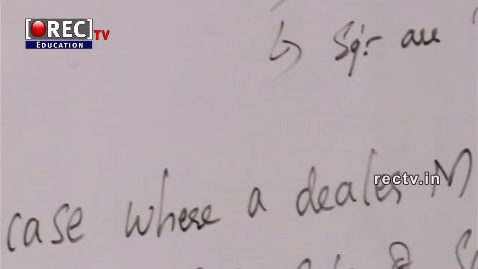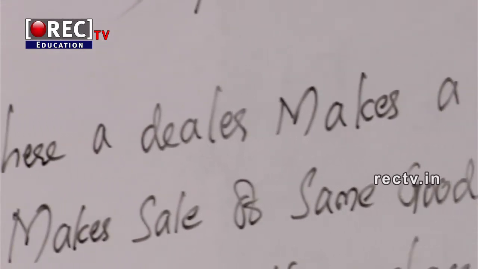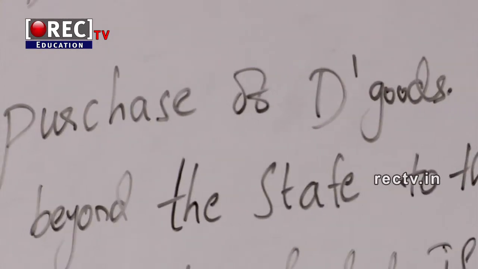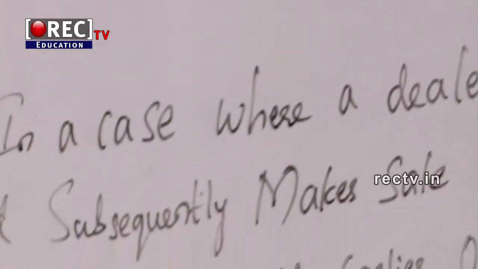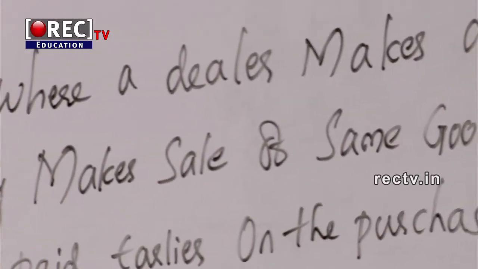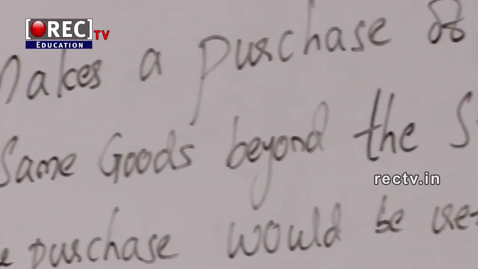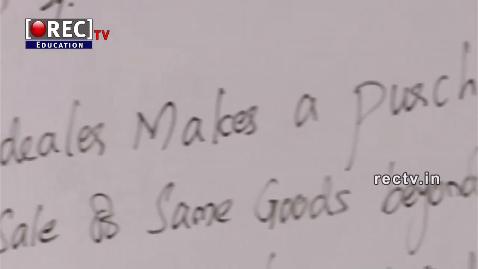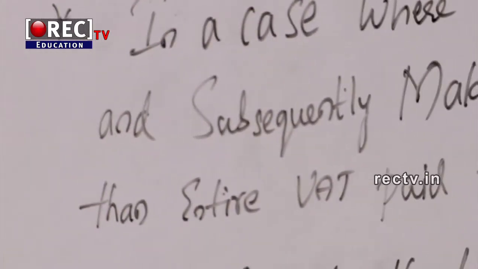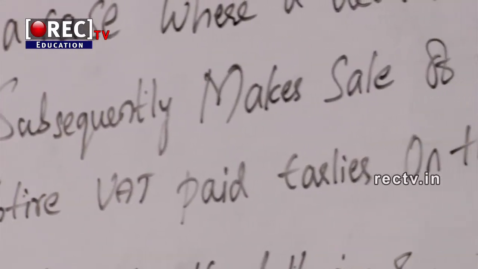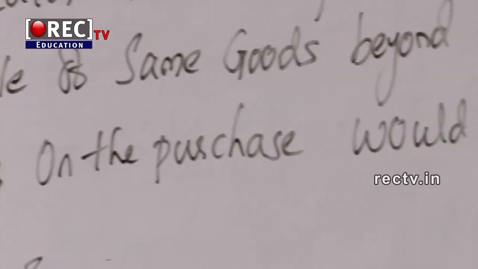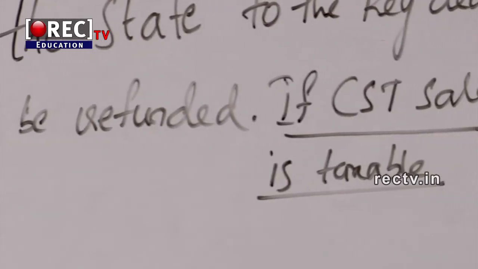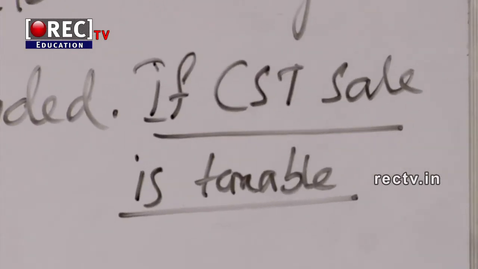Now, in a case where a dealer makes a purchase of declared goods and subsequently makes a sale of the same goods beyond the state to a registered dealer, then the entire VAT paid earlier on the purchase of declared goods would be refunded if the CST sale is taxable.